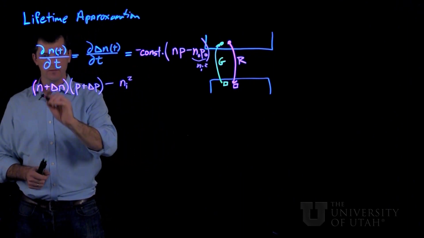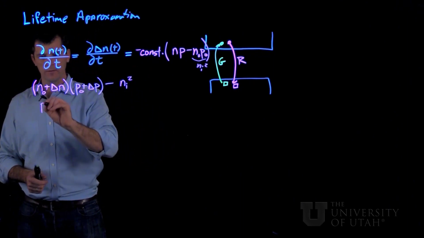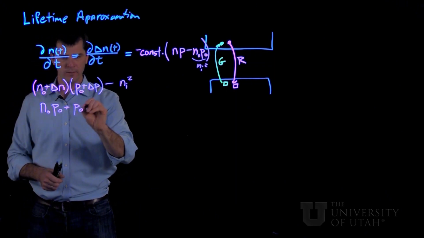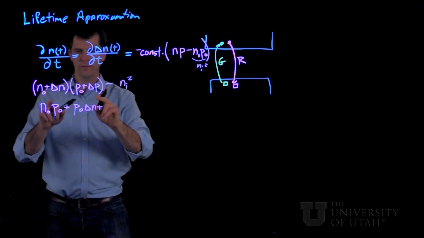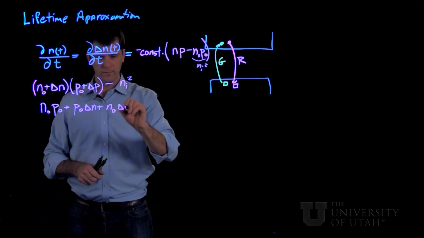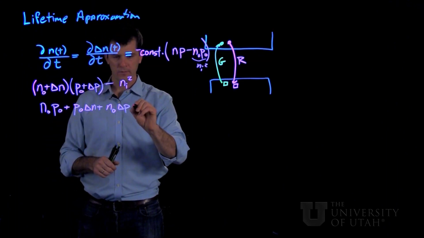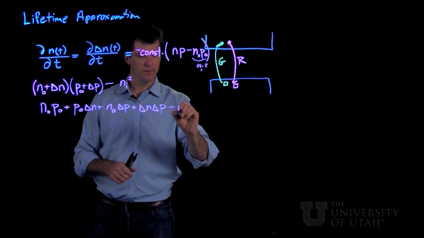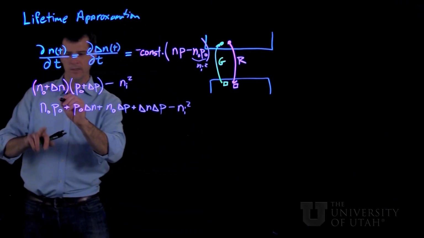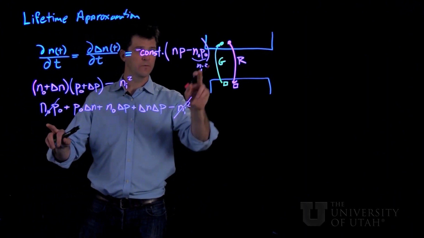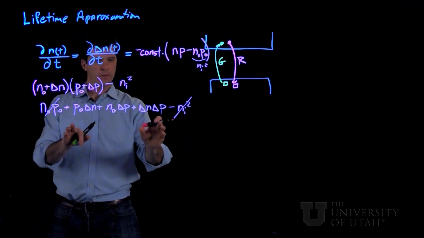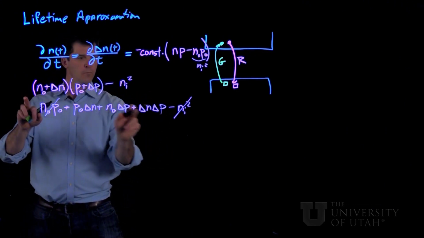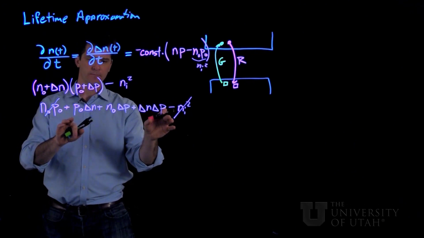So we have, oops, I forgot some naughts, n naught p naught plus p naught delta n plus n naught delta p plus delta n delta p, and then minus the n i squared. So again, we use this relation to cancel these terms, since these two are equal. And now this is the general form, which can apply in any situation.